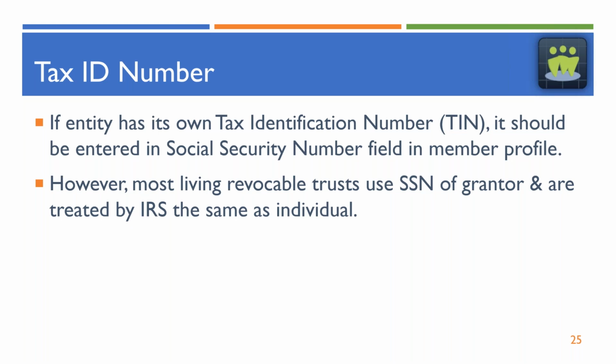Revocable living trusts, the income from that goes to the grantor, who are usually the beneficiaries until one of them dies, or if it's a joint one with the spouse, when one of the spouses dies. So the Social Security number of the original grantor and original trustee should be used as the Social Security number and tax ID number.